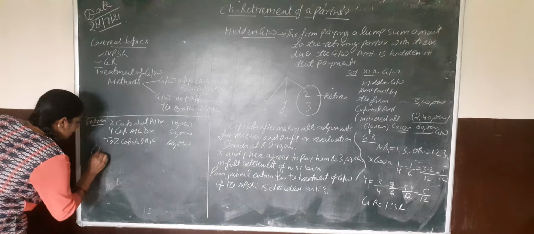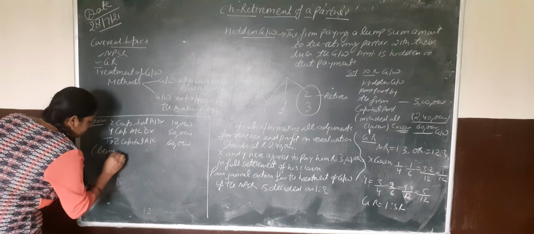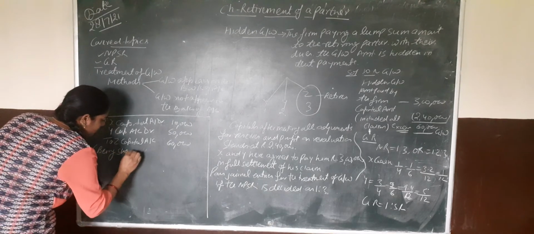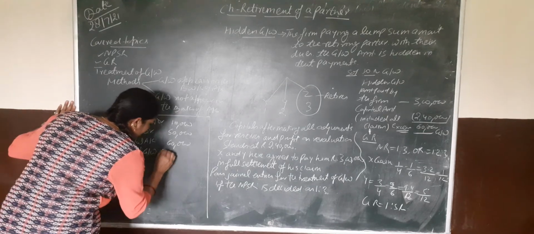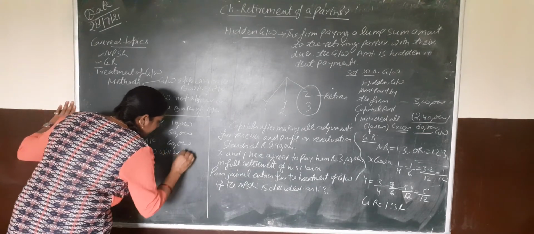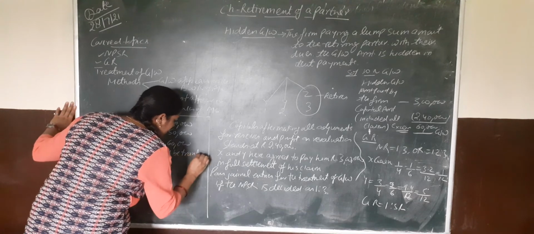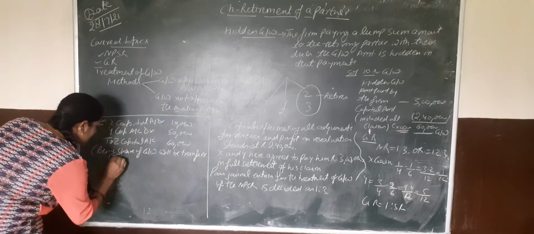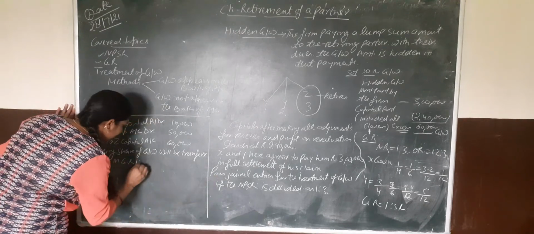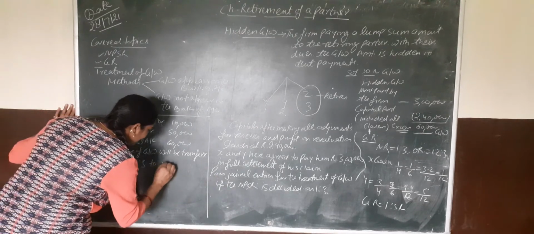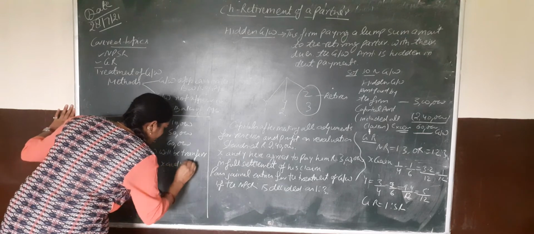So the share of goodwill will be transferred in the gaining ratio, 1:5, to X and Y.